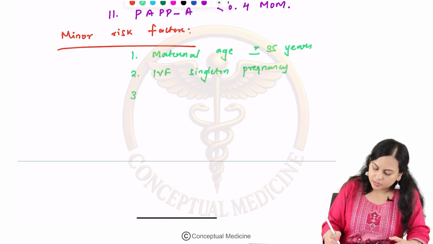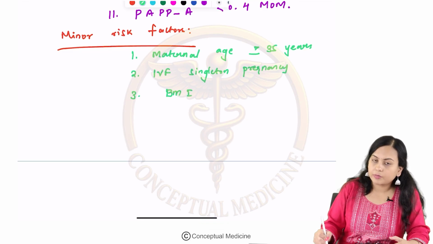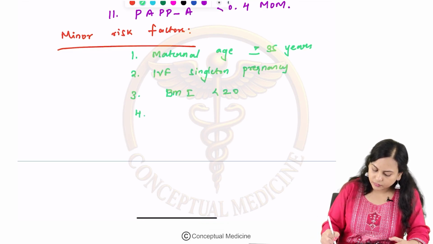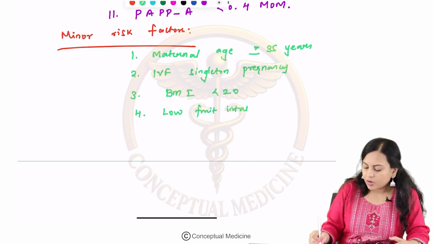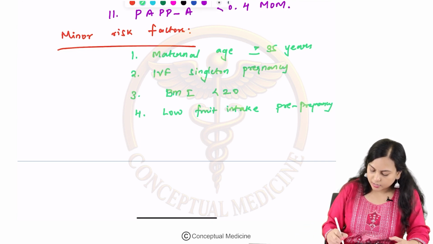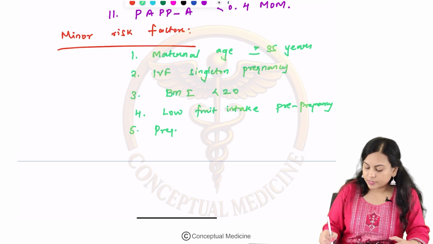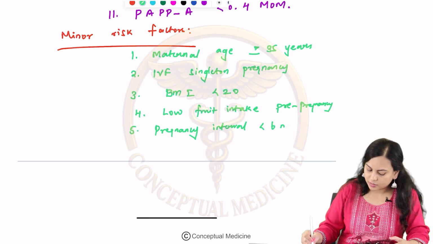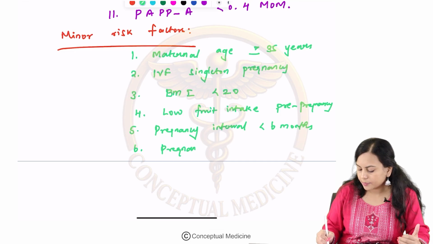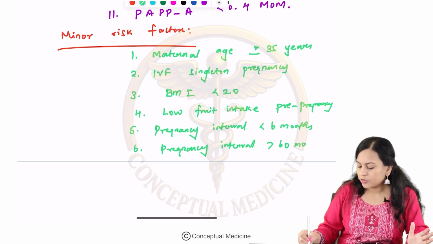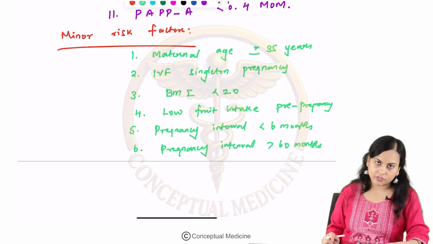Then suppose the BMI of the mother is less than 20, or there is low fruit intake pre-pregnancy, and suppose the pregnancy interval is less than 6 months, and also if there is a long gap, for example the pregnancy interval is more than 60 months. So all these are going to cause fetal growth restriction, right?